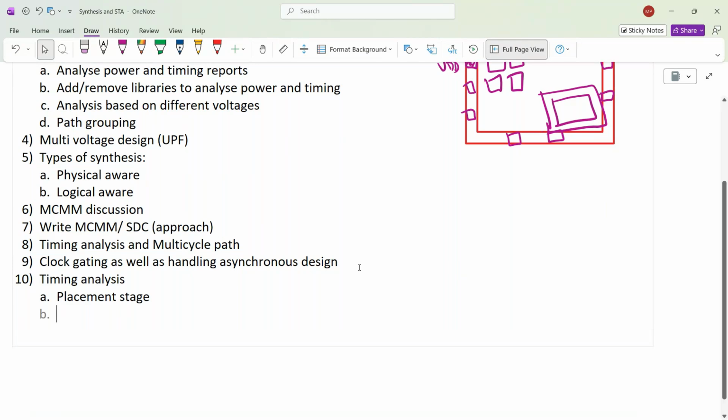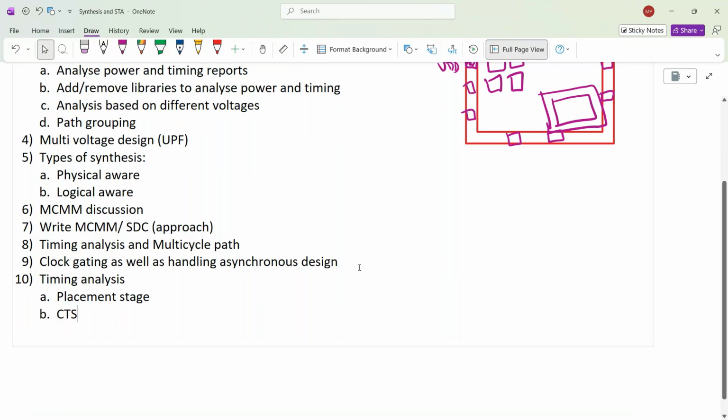At the placement stage, if timing is violated, you have to add path grouping, placement bounds, and so on. You cannot add buffers or inverters at this point. You can, but it is not preferable. So when you have a timing violation at the placement stage, how do you fix it? What will you do to fix it? We are going to discuss all those things.